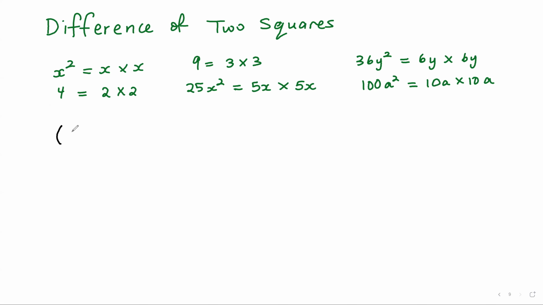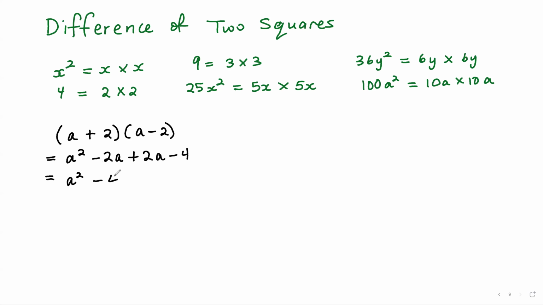So for example, if you have a plus 2 times a minus 2, this is going to give me a times a is a squared, a times minus 2 is minus 2a, plus 2 times a would be plus 2a, and plus 2 times minus 2 will be minus 4. So this gives me a squared minus 2a plus 2a, which is 0, so this will just end up being a squared minus 4.